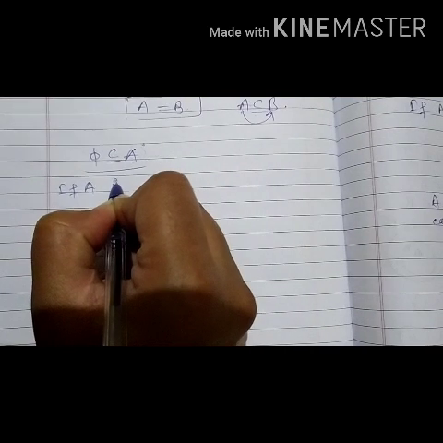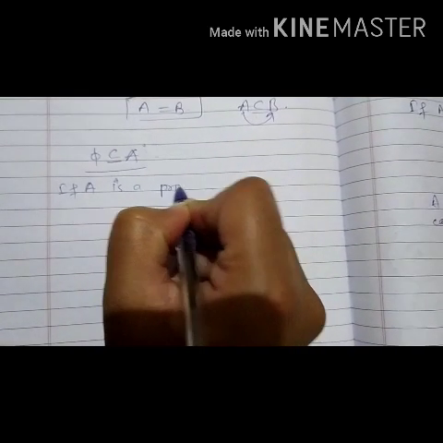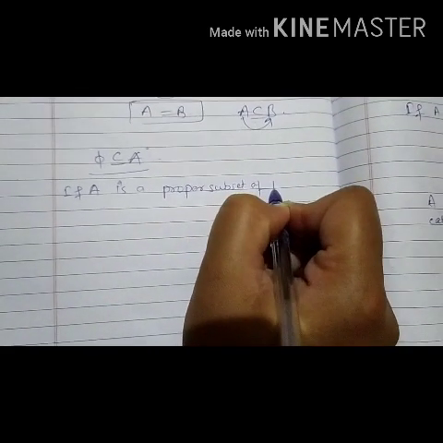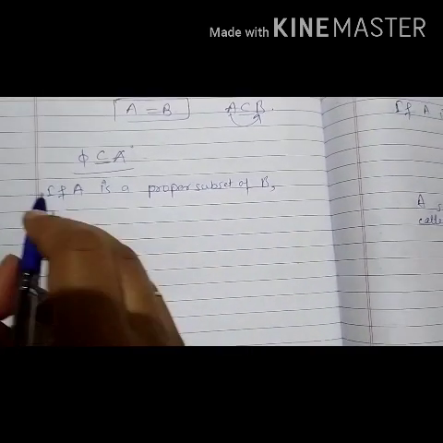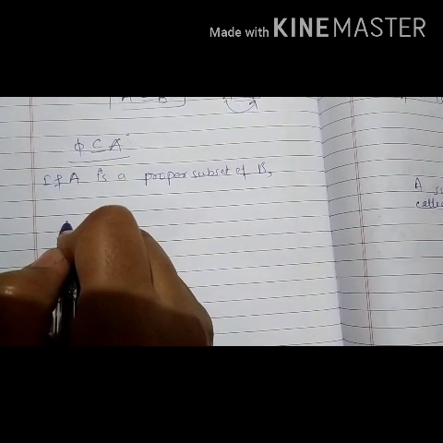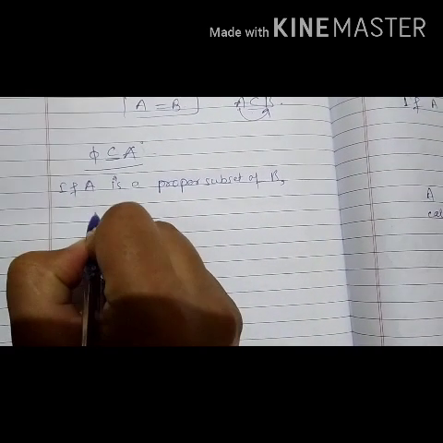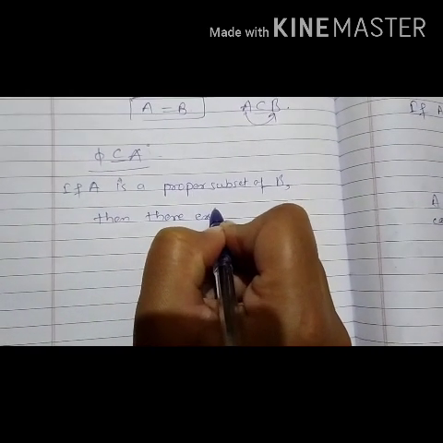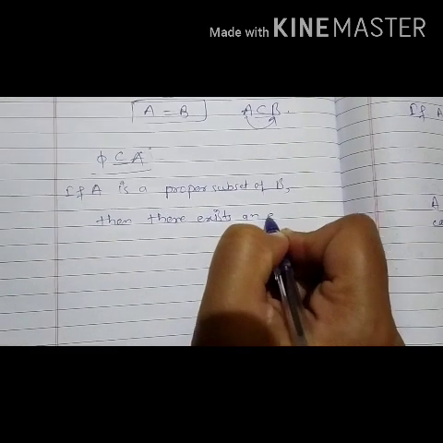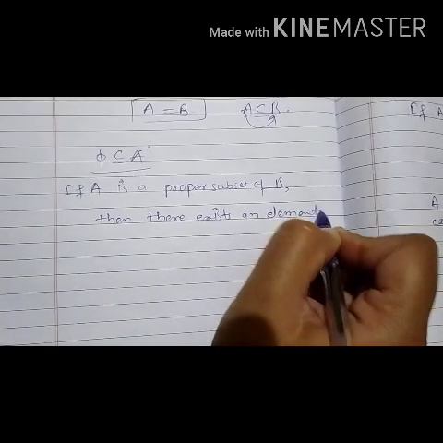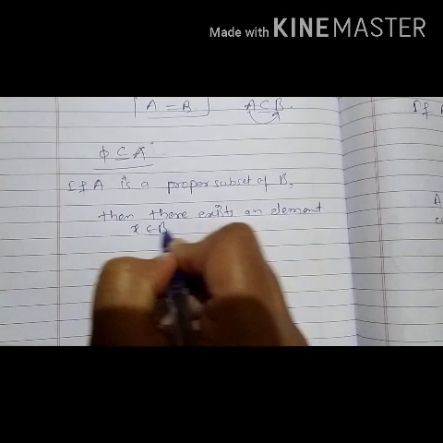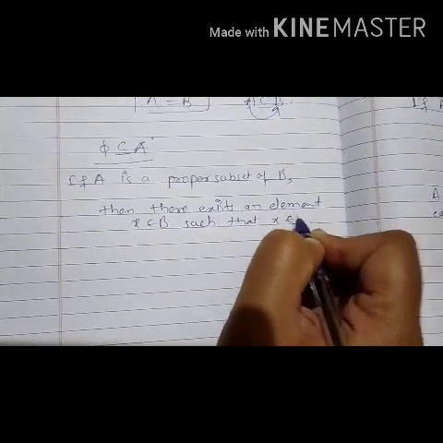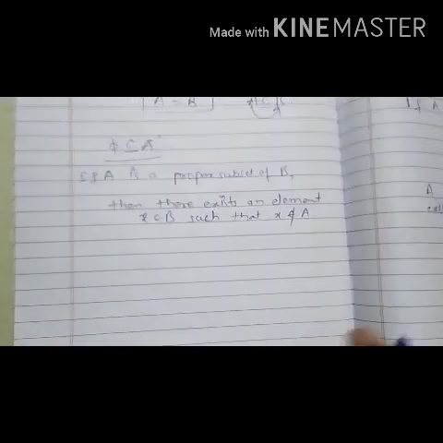Now if A is a proper subset of B, then there exists an element x belonging to B such that x is not in A. Understood?